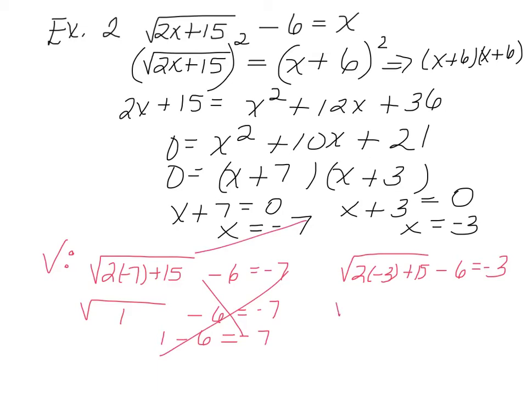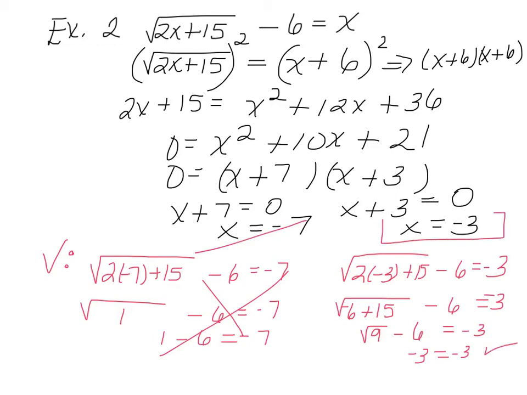So over here we get negative 6 plus 15 is 9. The square root of 9 is 3. 3 minus 6 is negative 3. So this one works. So we only have one answer.